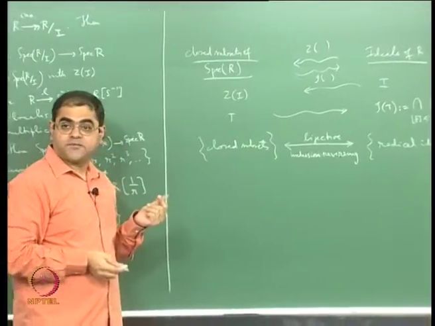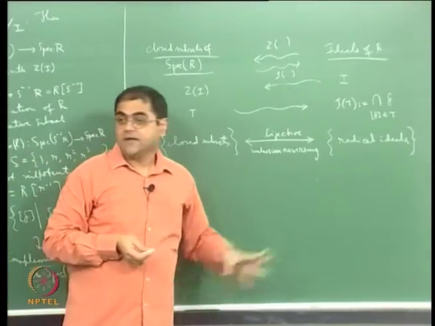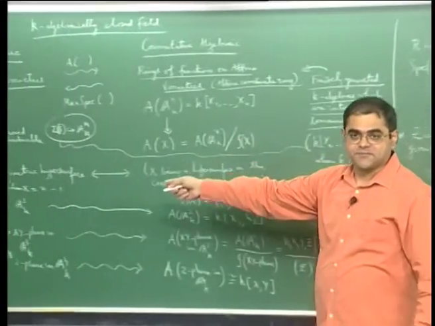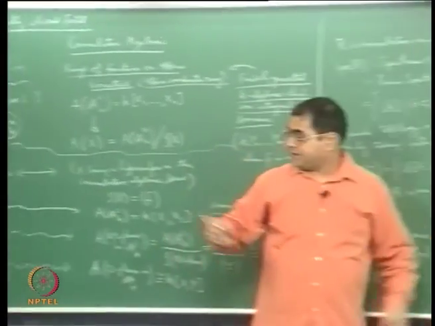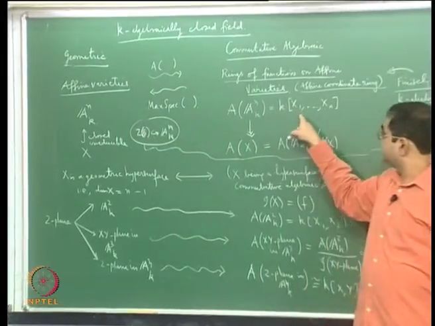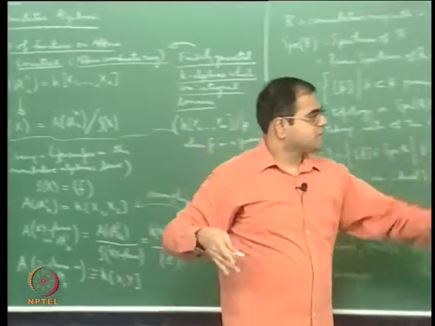And there are statements here which correspond to the kind of statements that we got in the case of affine space, okay. So there we got it between closed subsets of A^n and ideals of the polynomial ring in n variables over k. We have similar statements here.